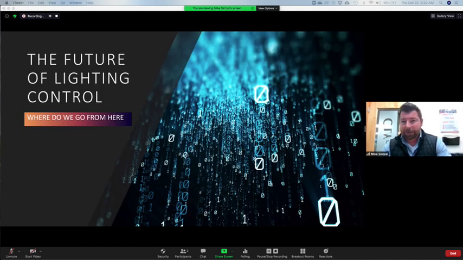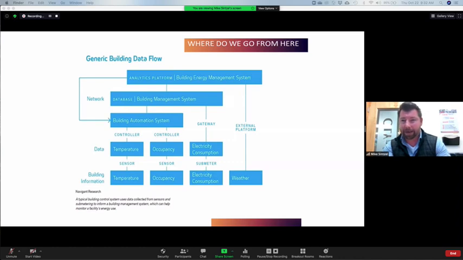So we can look towards the future of lighting control and where we go from here. If we take a look at a building today, a lot of the buildings that we work with today, with the BMS system and everything like that, they look like this. It's a generic building flow.